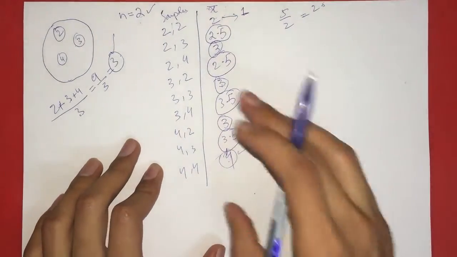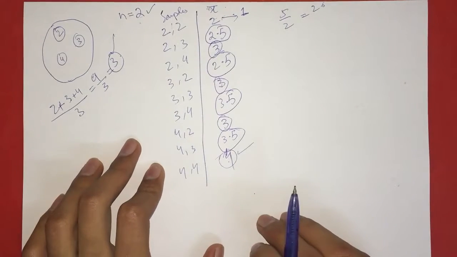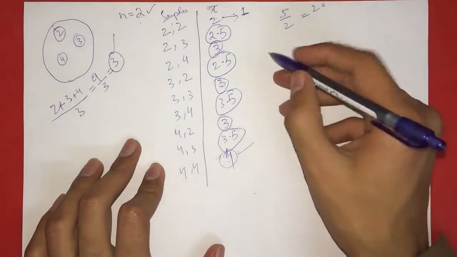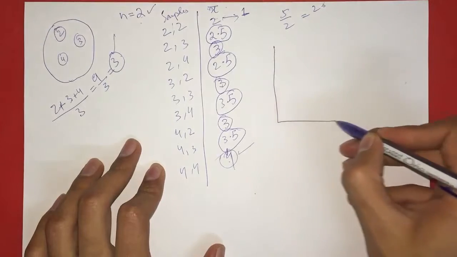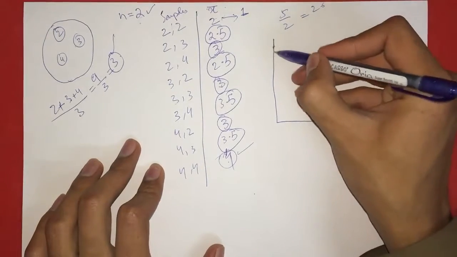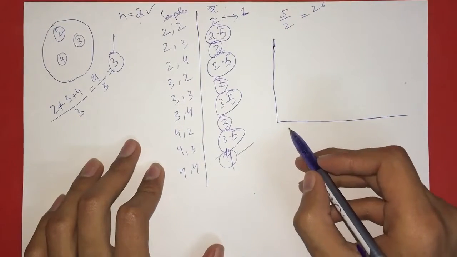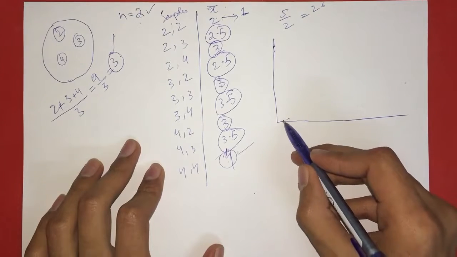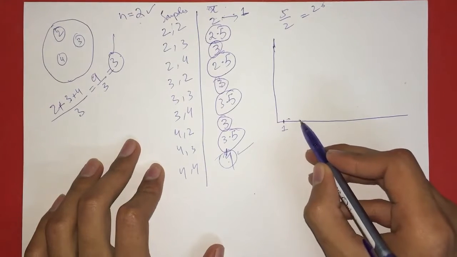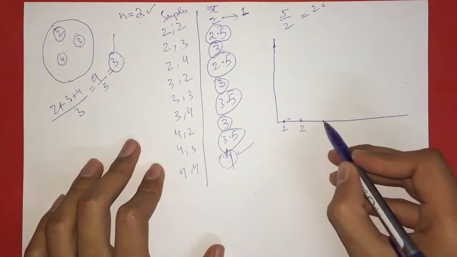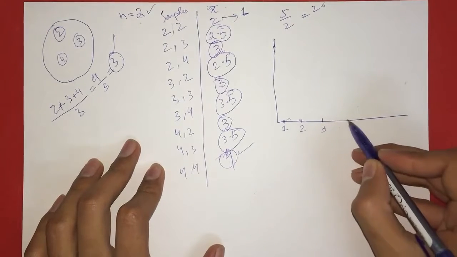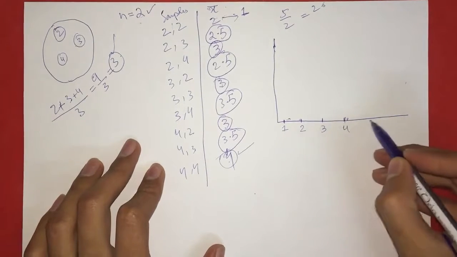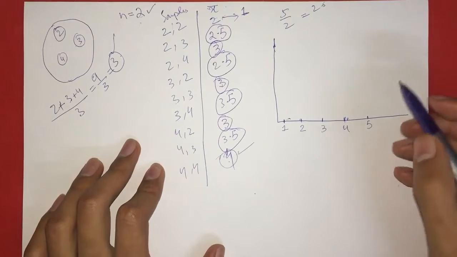So that means if we are going to draw the graph for the sampling distribution of the sample mean, it's going to be like this. So you have here for example 1, here 2, 3, 4 and 5.